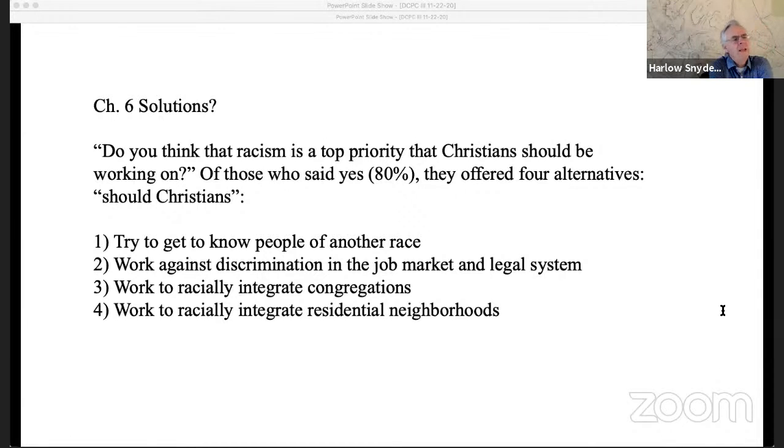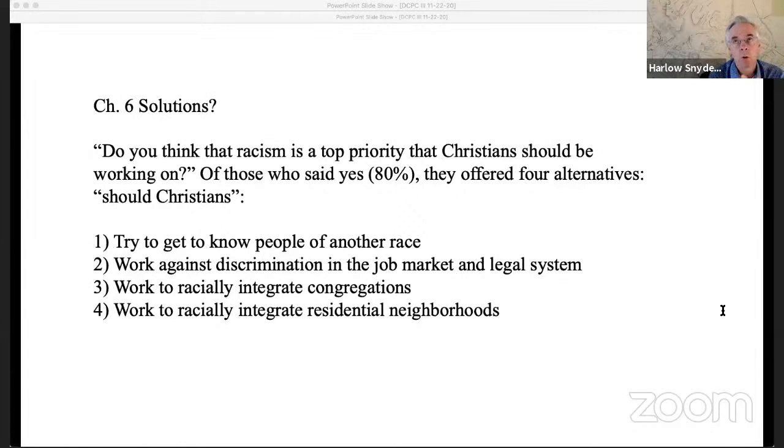And they even notice that cross-racial friendships, which is very much the Promise Keeper way of solving this problem, is definitely a good first step, but it by no means goes far enough, right?